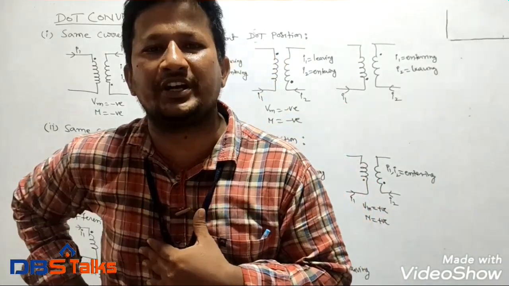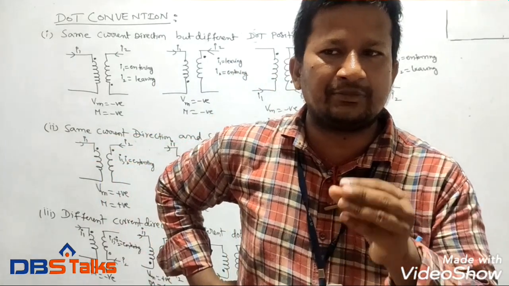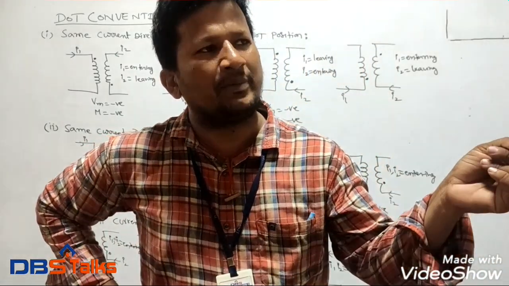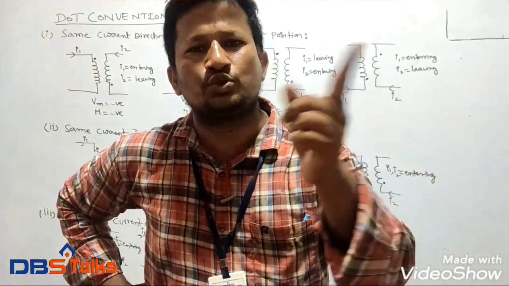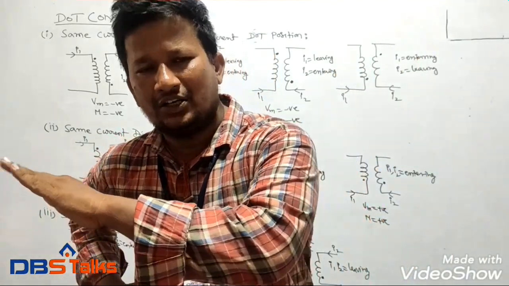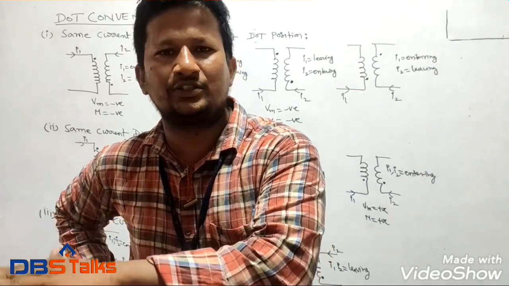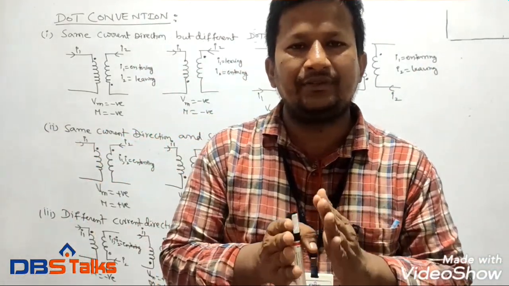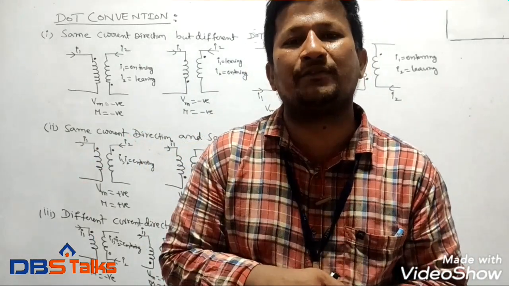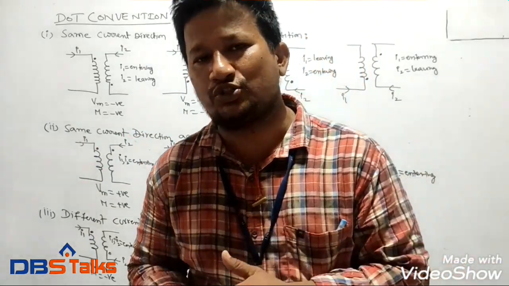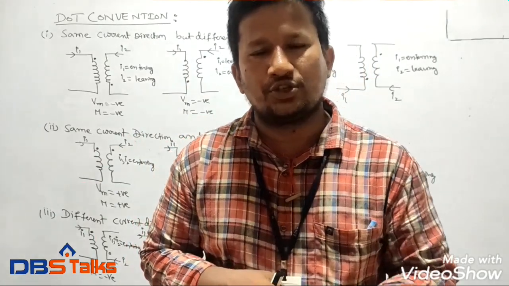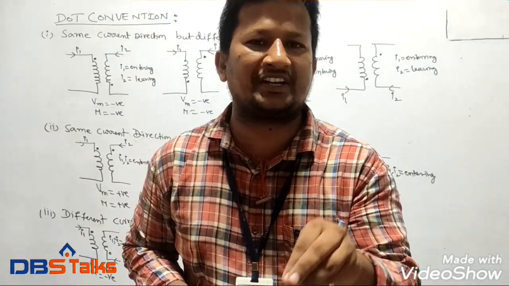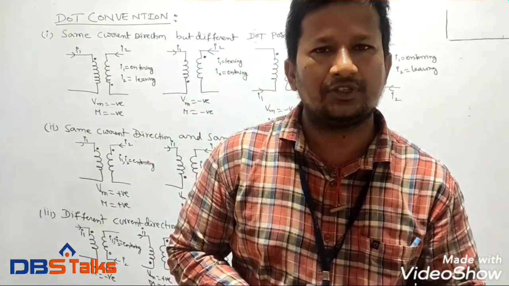But mutual inductance is between two or more circuits, so the flux links from one circuit to another, or second to third, and so on. That may alter the value of mutual inductance, which may be positive or negative. So depending upon the dot polarity, we have to find the correct polarity of the mutual induced EMF.